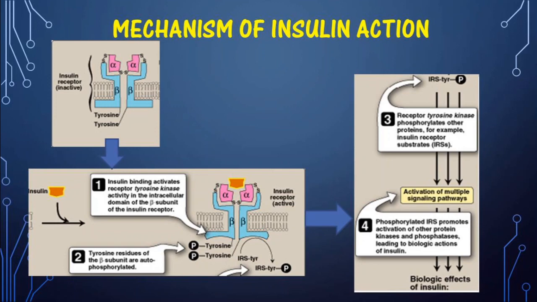As an effect, it causes the biological effects of insulin. So remember that the mechanism of action of tyrosine kinase hormones is based on the autophosphorylation capacity of tyrosine molecules in the receptor.